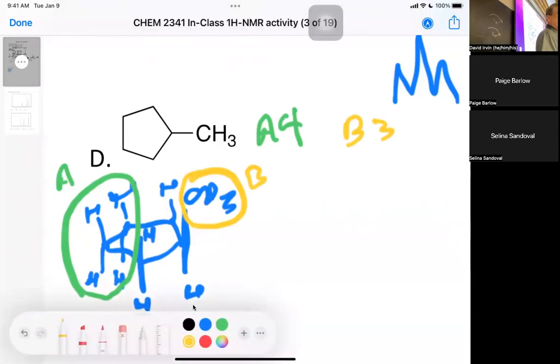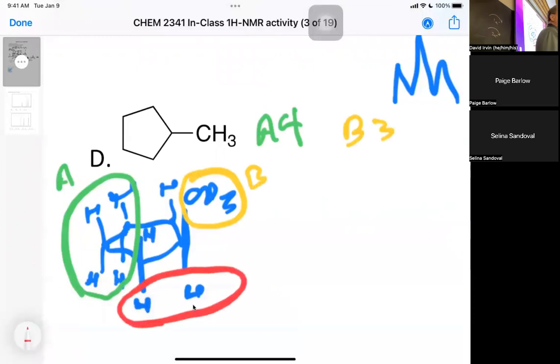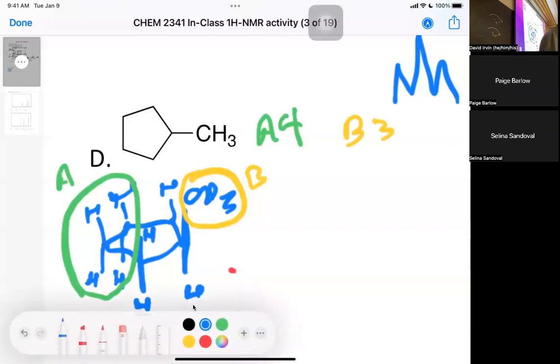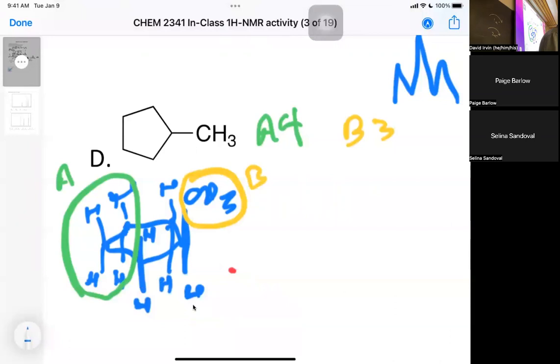And then we're going to look at this signal here now, right here. These are different than the 2 on the top because of the methyl group. Oh, not those 2. That's wrong. We have another hydrogen back here. So it's these 2 hydrogens that are different than the 2 on the top here.